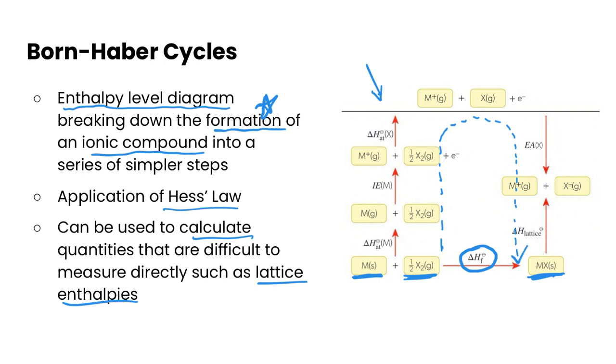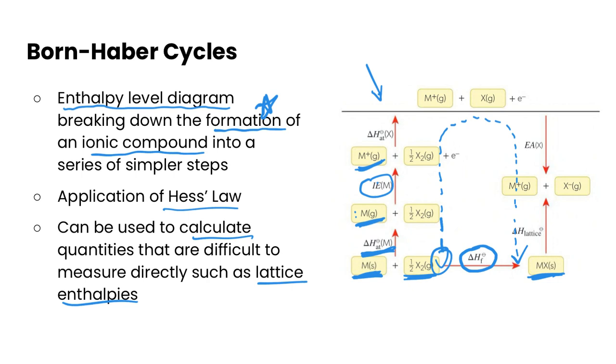Starting down here, we follow our indirect route with the atomization enthalpy of our metal. That's taking our solid metal and changing it into the gaseous state. From there, we need to ionize our metal, so we take the ionization energy of our metal to create our M+.